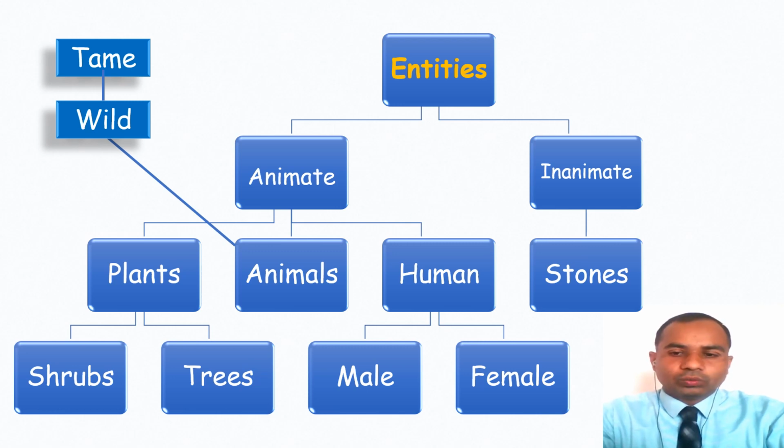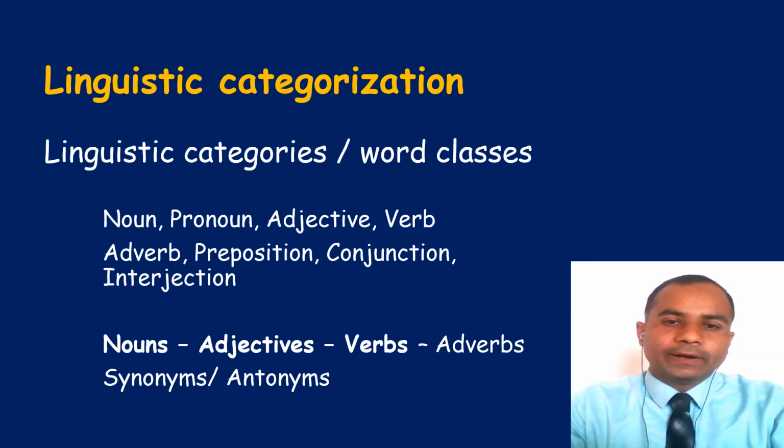For example, we have a newborn baby, then we have an infant, then child, then adolescent, then youth, and then we have adult, and then old age, men or women, and like that. So these categorizations go on and on like that.